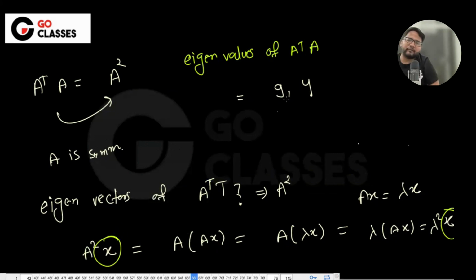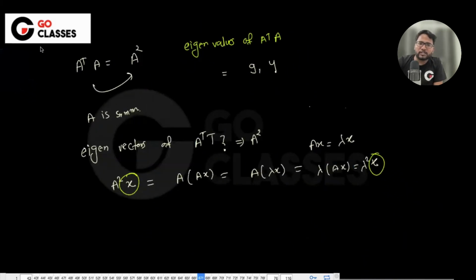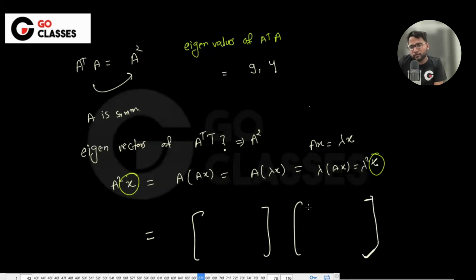Now we got the eigenvalues of A transpose A. We got the eigenvectors of A transpose A. Then how to find out the SVD? You write down the eigenvectors of A transpose A, and the square root of eigenvalues, which is 3 and 2. Then write down the eigenvectors of A transpose A, which are basically the same as the eigenvectors of A, which is U1, U2.